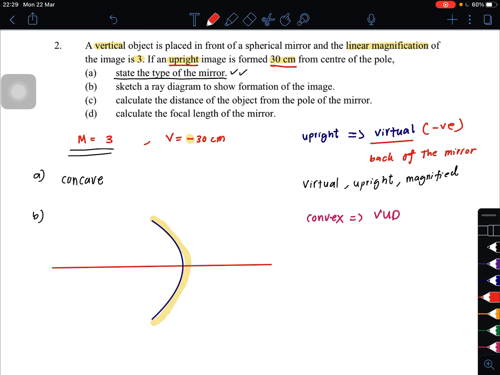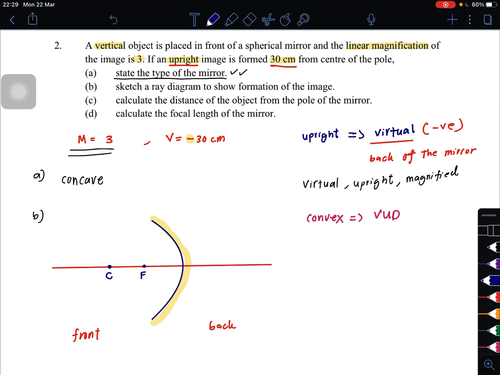So this one will be front, this one will be back. And then kita tahu kalau concave, dia bulat macam ni kan, maksudnya center dia dekat sini, dekat depan. So we have here center, and then in between the center will be the F, the focal point.